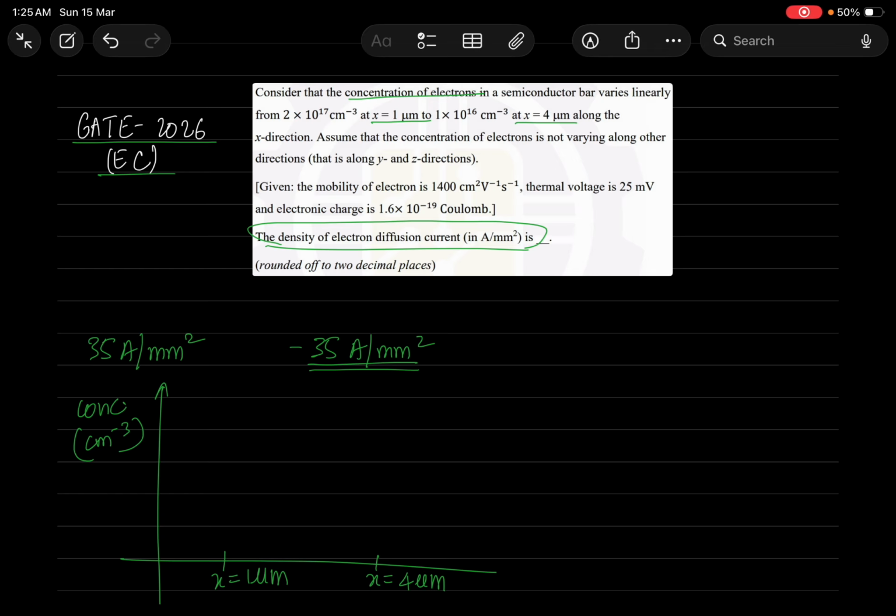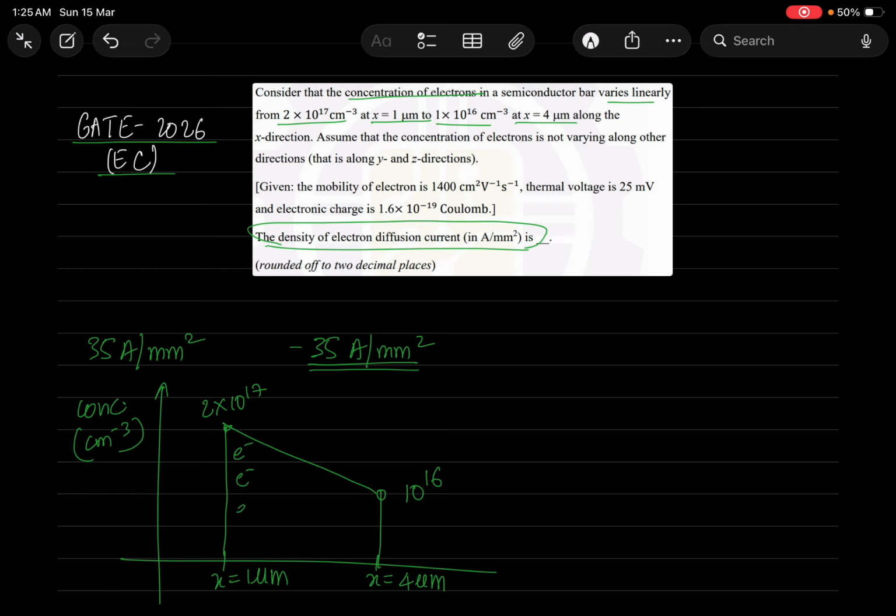At x equal to 1 micrometer, the concentration given is 2 into 10 raised to the power 17. And at x equal to 4 micrometers, the concentration is 10 raised to the power 16. And it is given that this concentration varies linearly. So it is going to be like this.